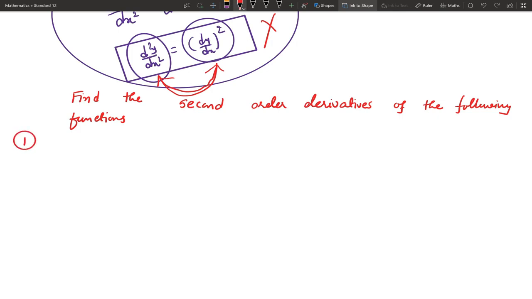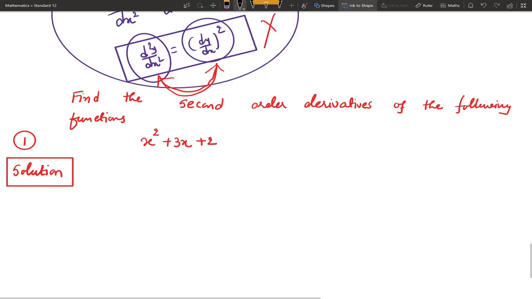First one, x square plus 3x. Solution: let us denote this function by y, let y equal to x square plus 3x.